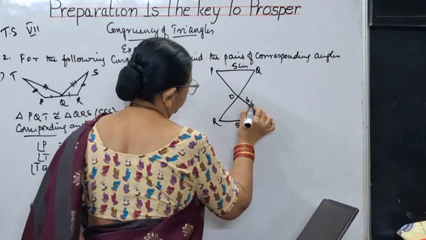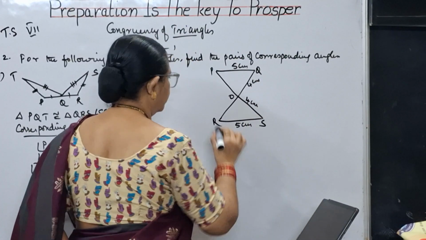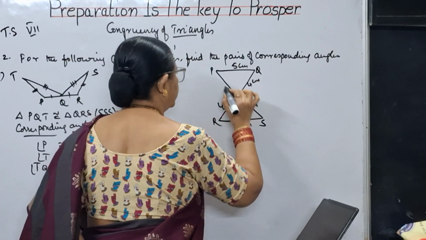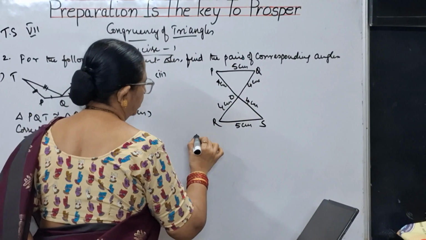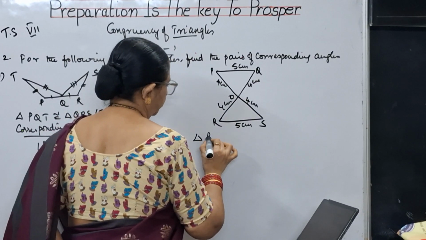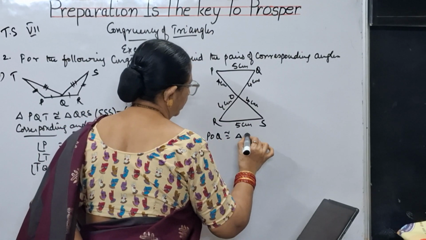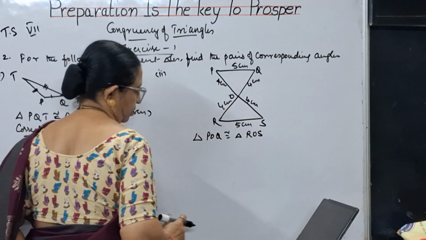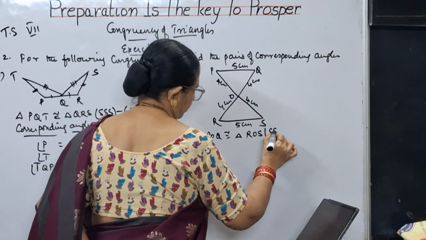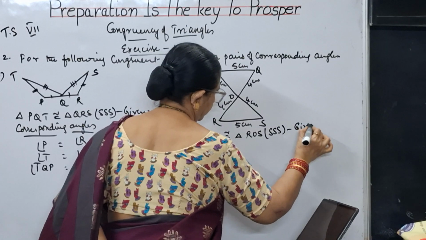And this is 4 centimeters, 4 centimeters. So what is given to us? Triangle POQ is congruent to triangle ROS, basing on side property. This is given to us.